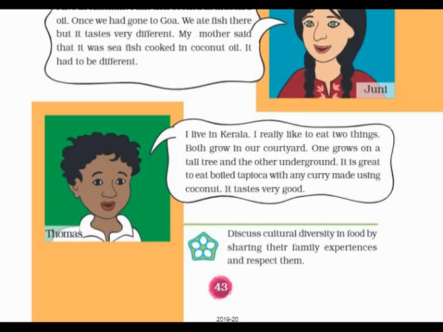So students, after this chapter we are now able to identify different food items grown in a particular area, and we also know what kind of food we can eat and what food some members cannot eat. But the food that we eat also depends upon our likes and dislikes. So this was the chapter. Enjoy it.